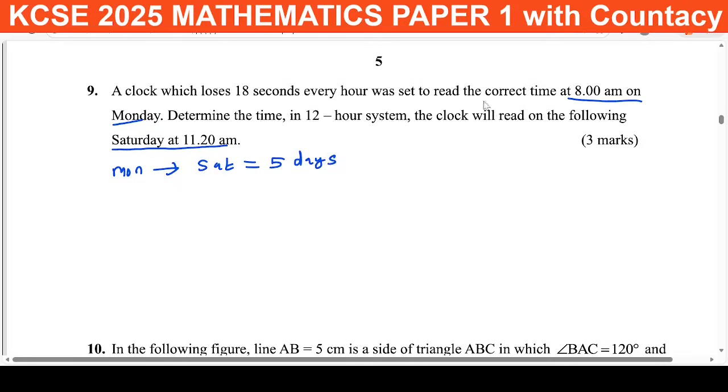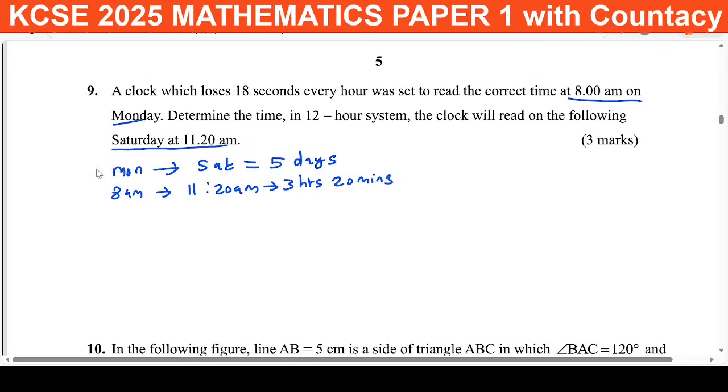And now we have this other time, 8 a.m. to 11:20 a.m. How many hours are those? You see 8 to 9, 9 to 10 to 11. So those are 3 hours, 20 minutes.